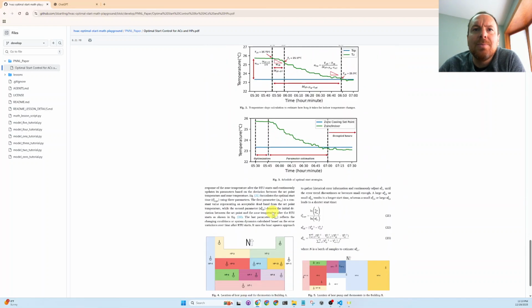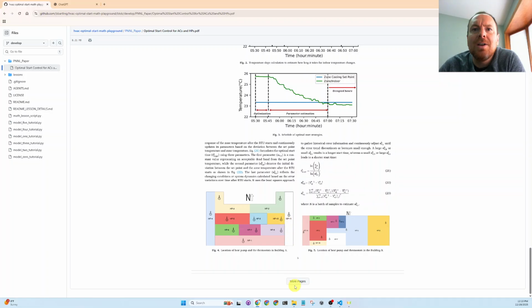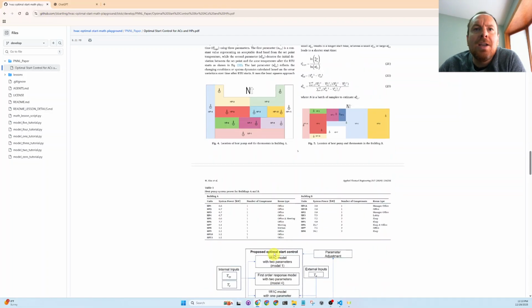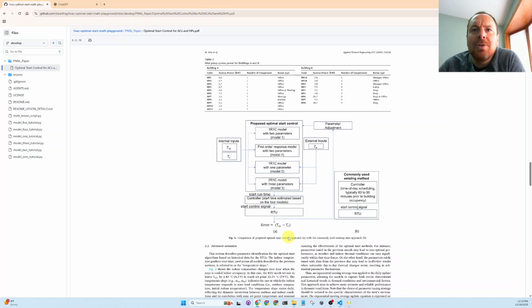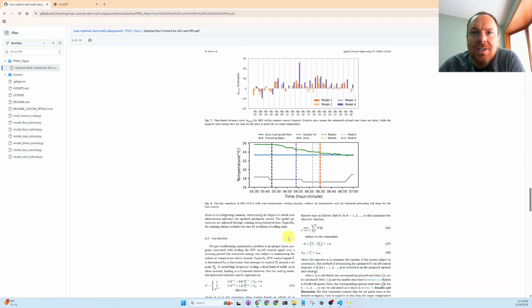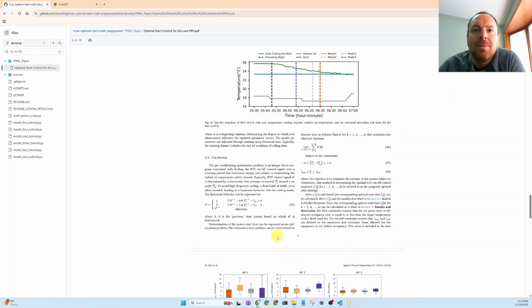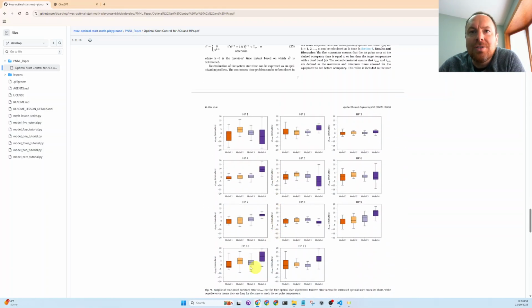But yeah, we're just outputting minutes. The paper goes into a lot more details, and basically lots of charts on the best performances between these different models, and they tested it out on heat pumps.